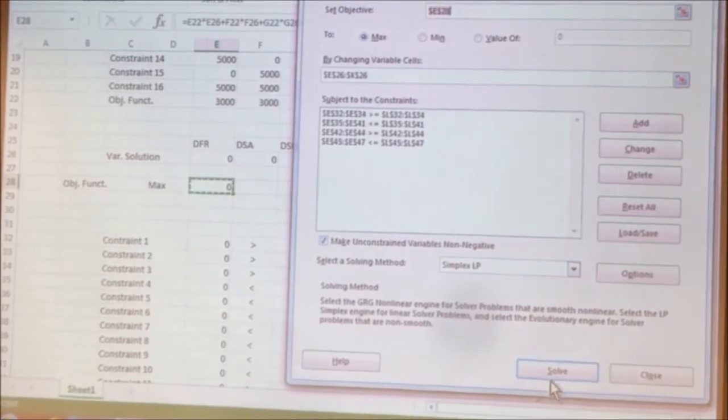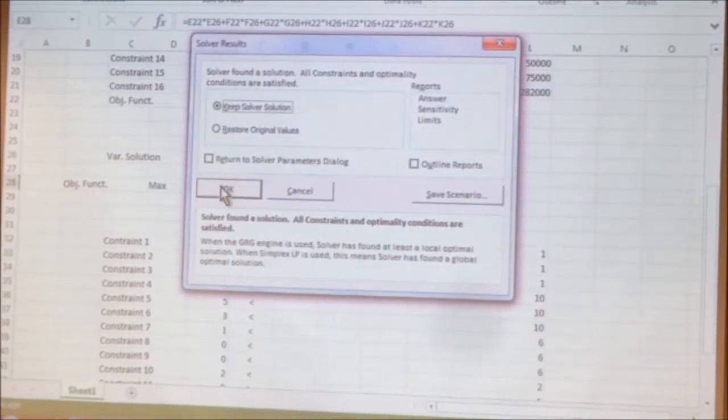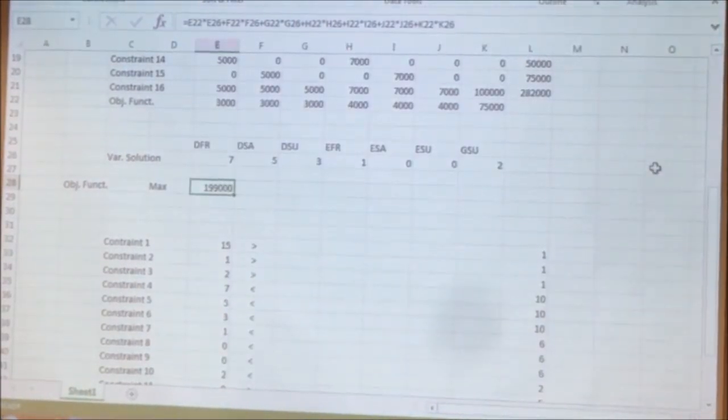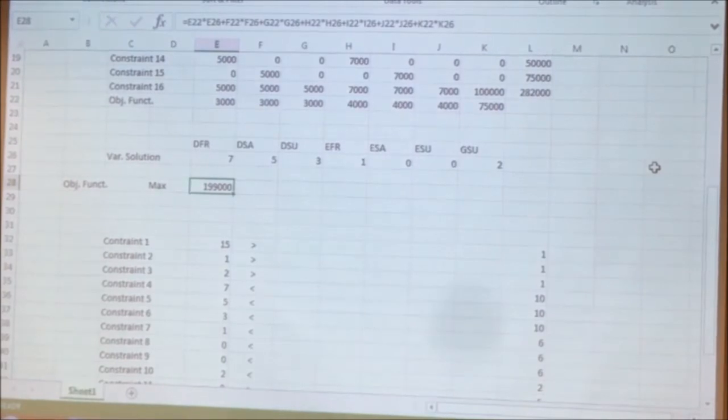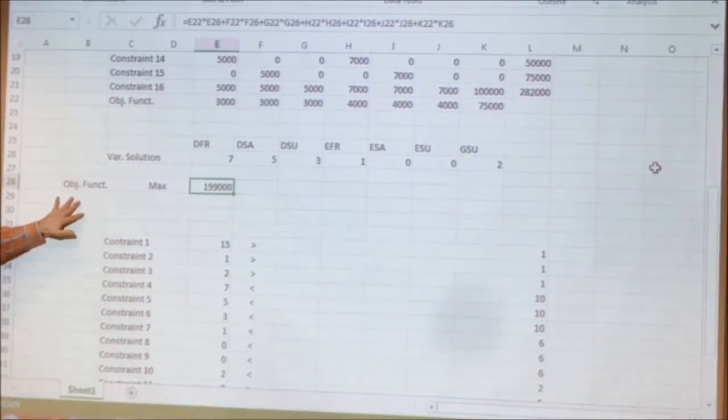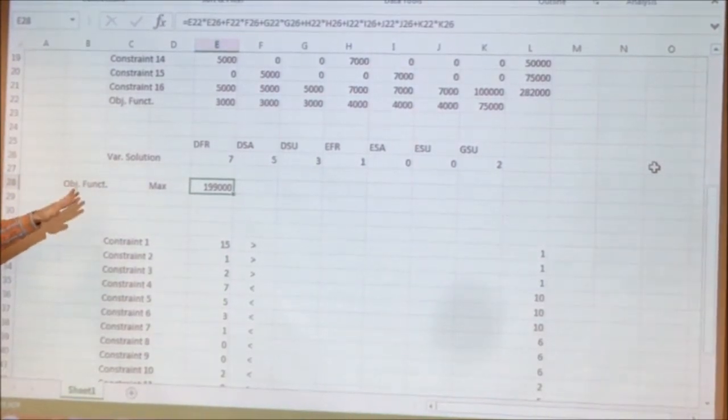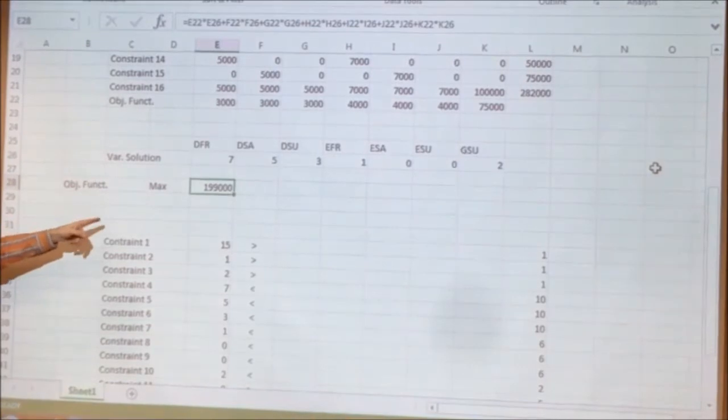Simplex linear programming, hit solve, hit OK. Now this could be an alternative optimal solution, but the number of people we're reaching will be the exact same. Once you see the objective function value, no matter if there's more than one optimal solution, that's the best you can get.